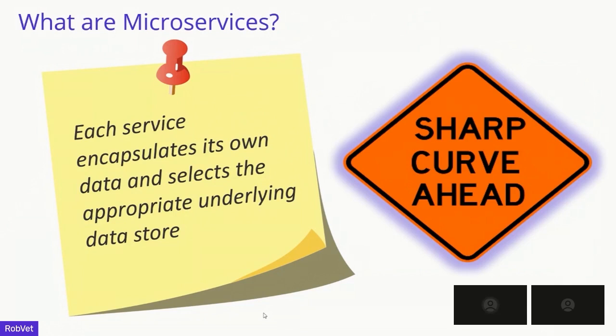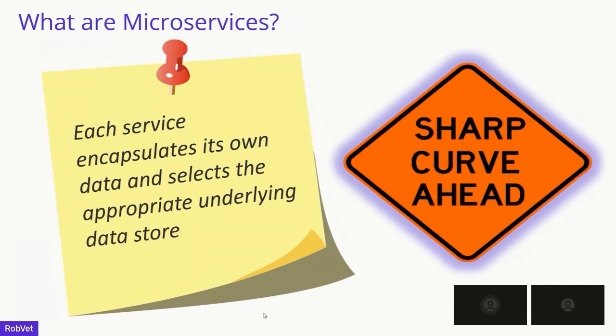So maybe the shopping basket has a Redis cache backing data store. And maybe the ordering service says, I can really excel if I use more of a NoSQL document approach. So maybe the ordering service uses a Cosmos DB NoSQL database. So again, each service has its own data by definition, and then each has its own database or data store.